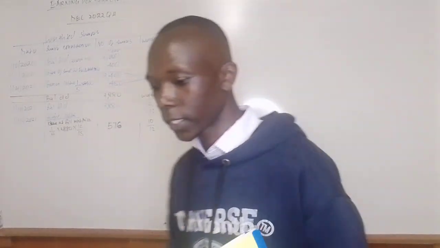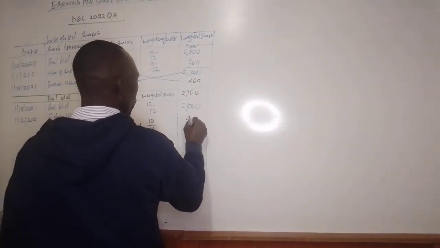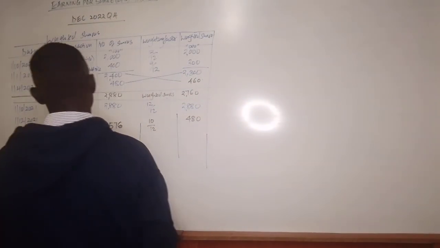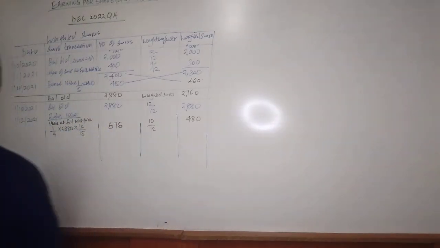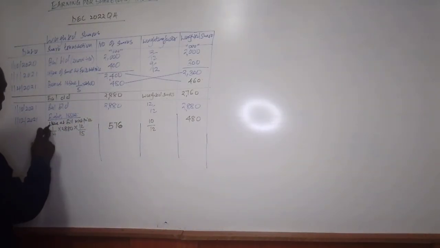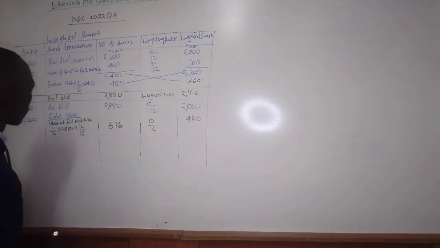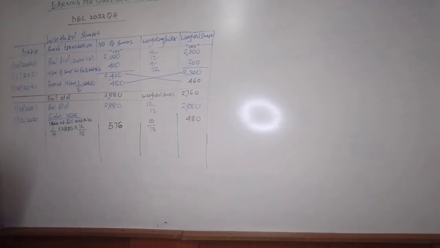So in this case, we will have 480. So that is the first step under the right issue. We have issue at full market price.